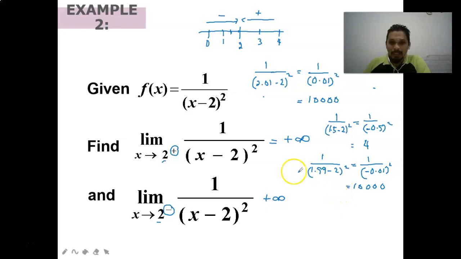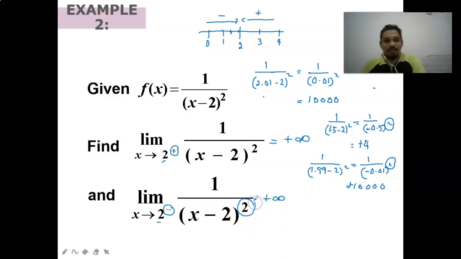Why? 1.5 minus 2 of course gives you a negative value, right? When x approaches 2 from the left, 1.5 minus 2 equals negative 0.5. But why does it give us a positive value here? Yes, because of the square.